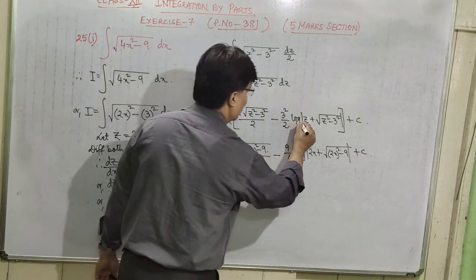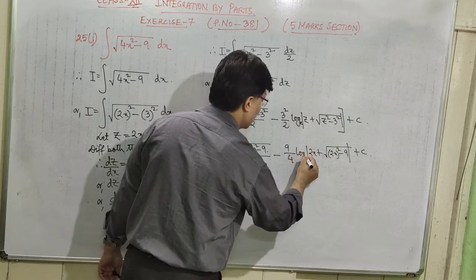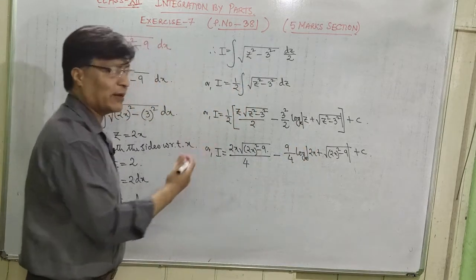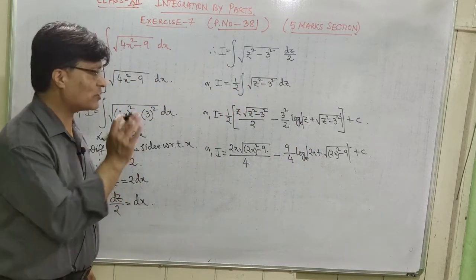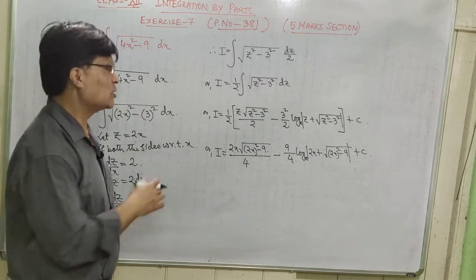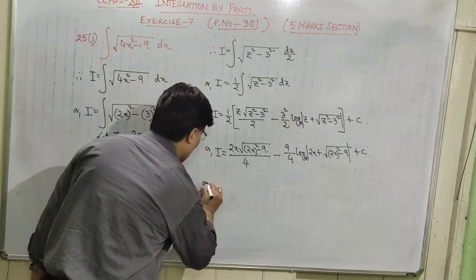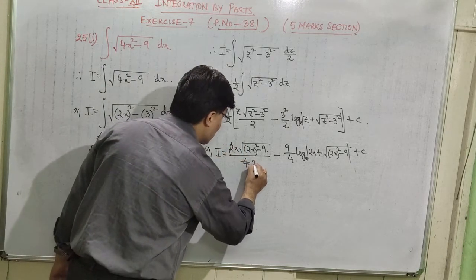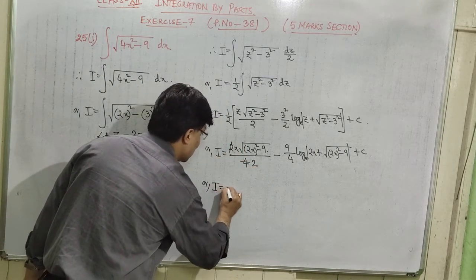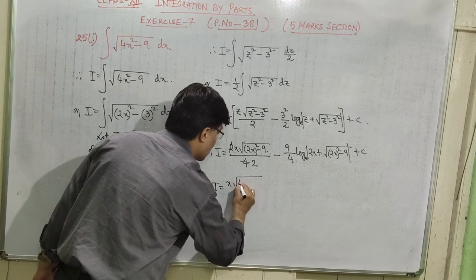Here you can write down base also, or you don't have to write it. Okay, or you may or may not write e there. Okay, so let us write e there. So now, 2 ones are 2, 2 twos are 4, or I is equal to x root over, how much is it?